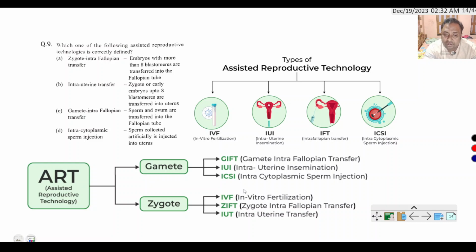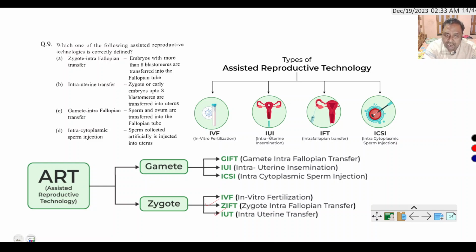Zygote intrafallopian transfer, ZIFT: when the zygote in the laboratory test tube reaches the 2 to 4 cell stage, sorry, 2 to 4 cell, not 4 to 8 cell stage, it is transferred into the fallopian tube. That is ZIFT. And IUT, intrauterine transfer: the egg or sperm is transferred into the uterus region. Here in IVF, the zygote is formed outside the body.